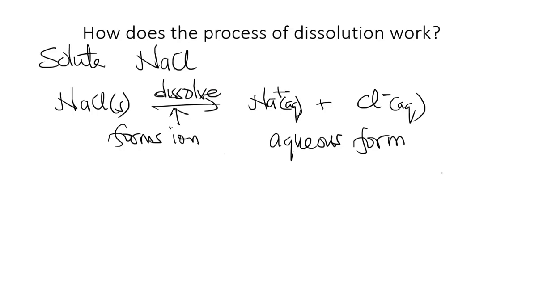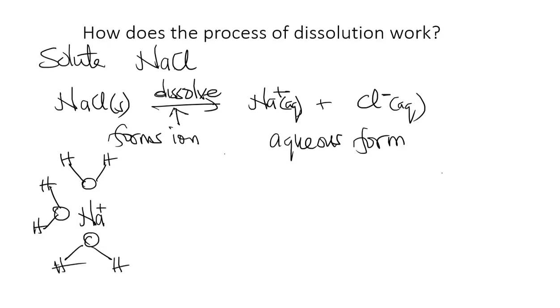Now, when you dissolve sodium chloride, because of the dipole interaction, sodium will stay here, and then the oxygens of water will come close to sodium and surround it, make a blanket around it. And then the hydrogens will make a blanket around the chlorine.